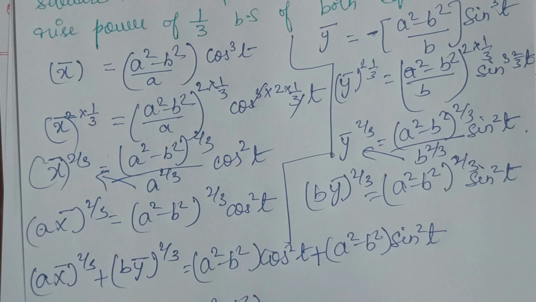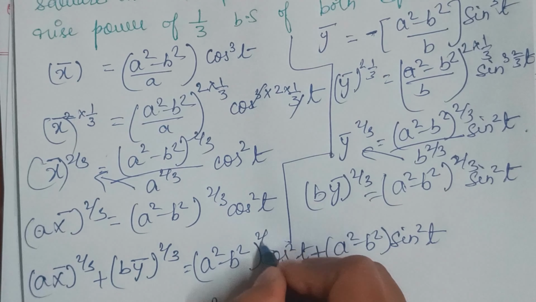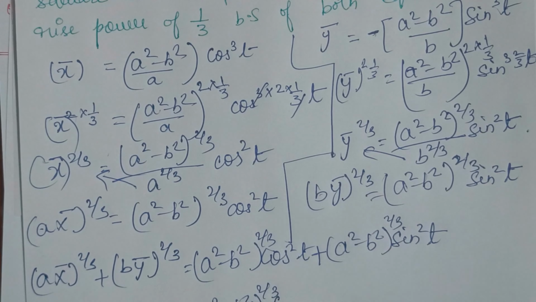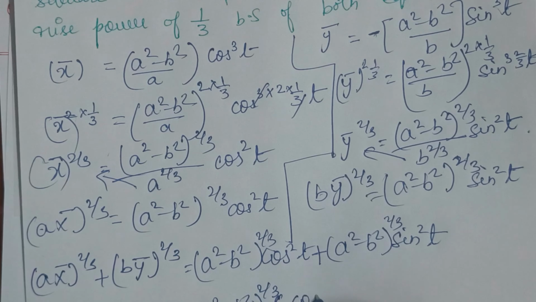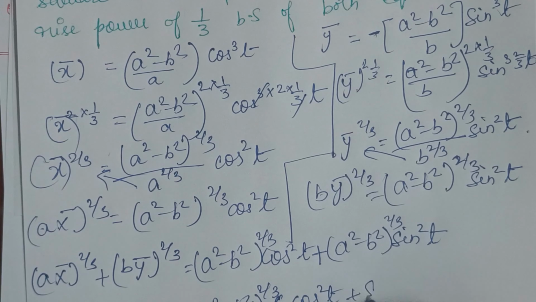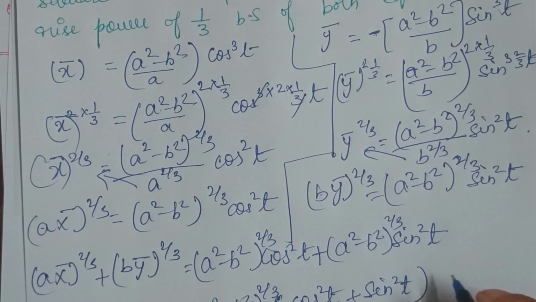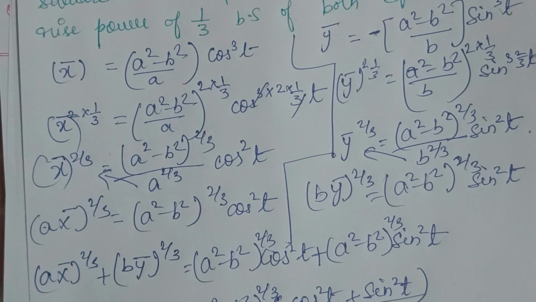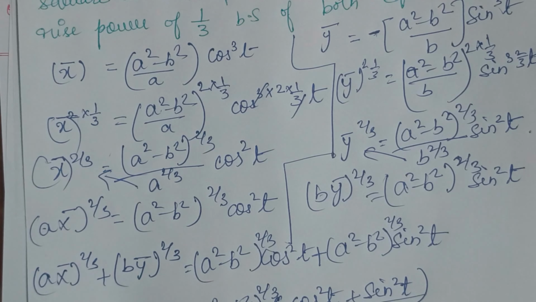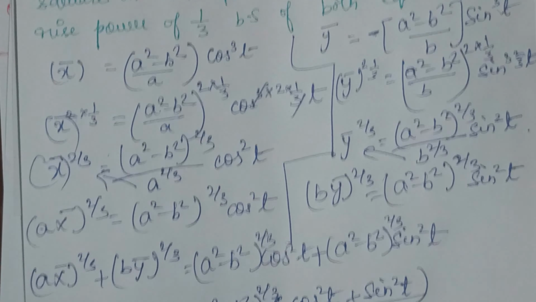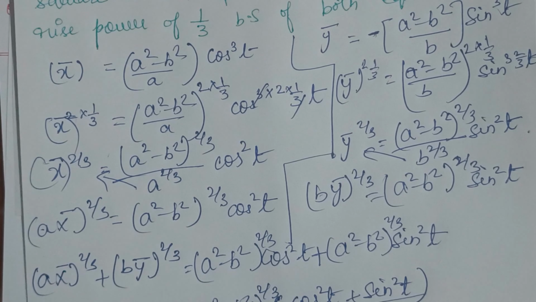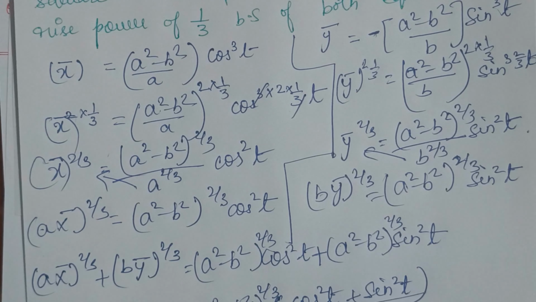So if I take this common, what I will get is a square minus b square to the power 2 by 3, which I missed. So to the power 2 by 3 I can take it common, into cos square t plus sine square t. So this I can write as 1. So a x bar to the power 2 by 3 plus b y bar to the power 2 by 3 is equal to a square minus b square whole to the power 2 by 3 into 1.